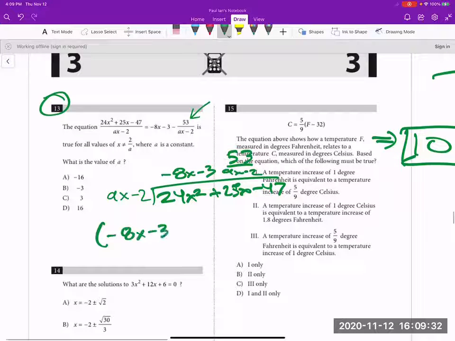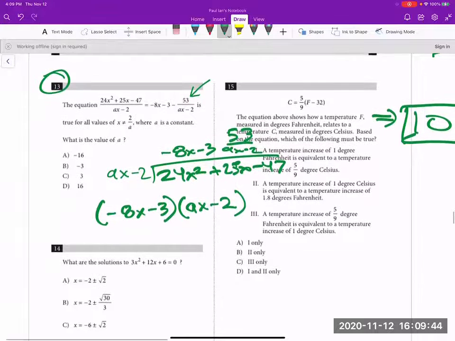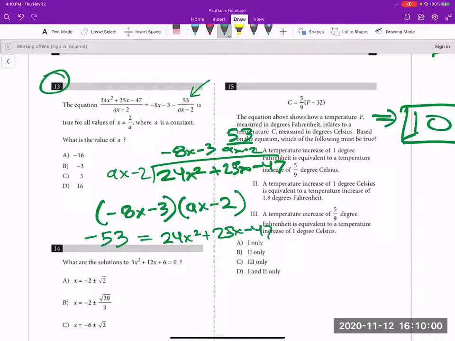All right, so if you did that, a way to do this is, because you need to figure out what a is, then you could just do this, because you know that's only the remainder, right? Mm-hmm. So if that's only the remainder, you can actually minus the remainder here. So equals the 24x squared plus 25x minus 47.